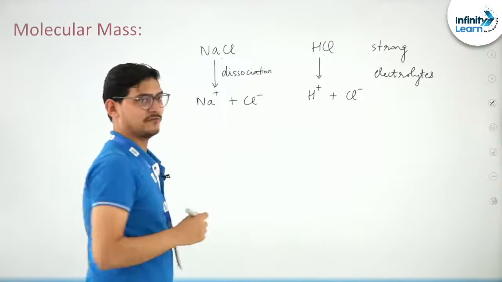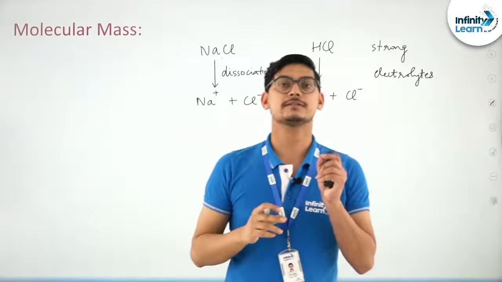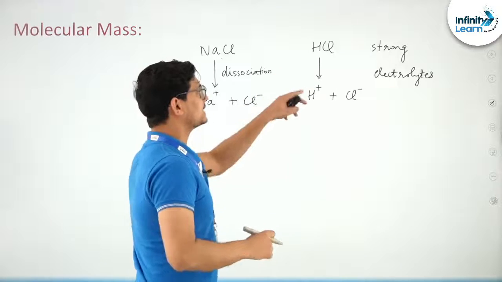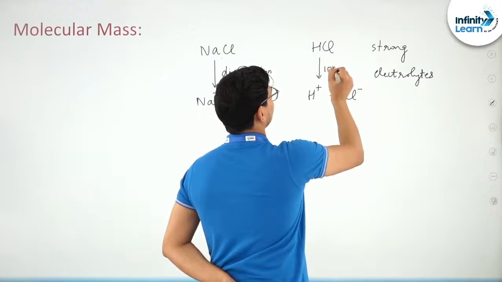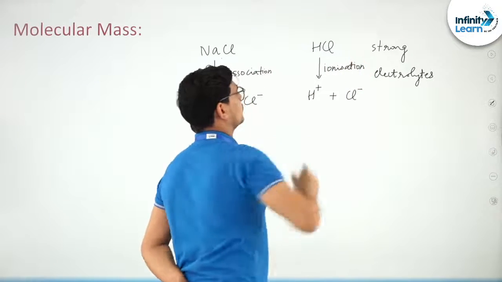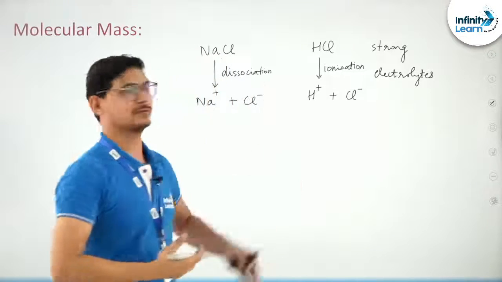The process of breaking down of sodium and chloride ions from NaCl is called dissociation of NaCl, whereas in case of HCl, it is called ionization. Now you will say, sir, both mean the same thing, like our teachers use them interchangeably.